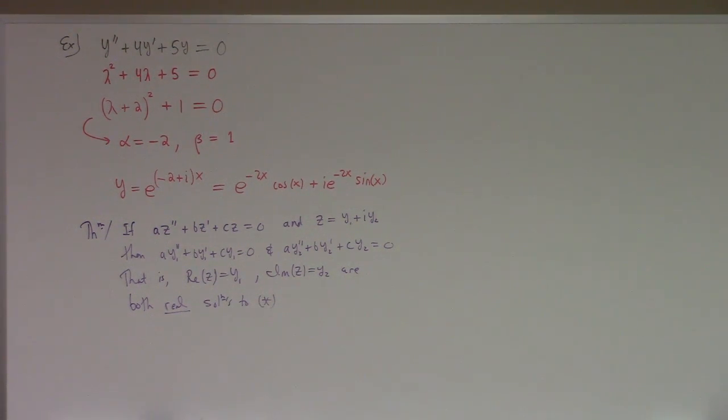And in fact, they have to be independent solutions, because the one has sine and the other has cosine. So that means that they're not the same thing, basically.